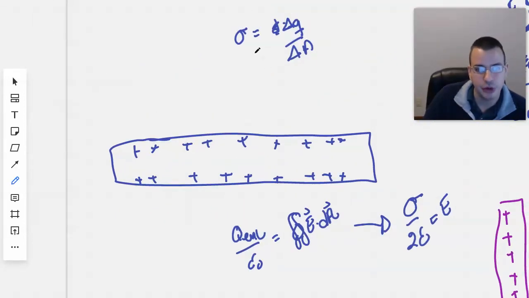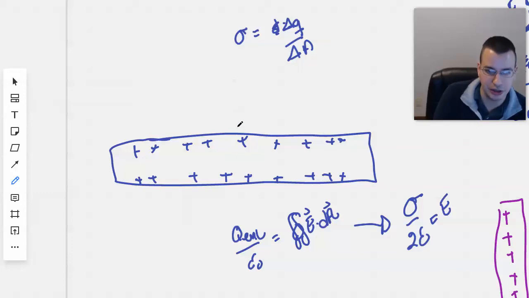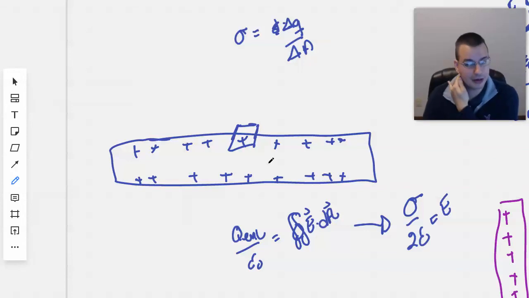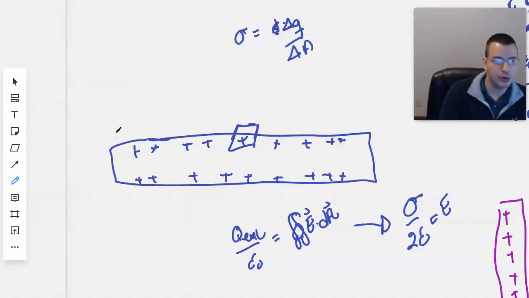but when they give you a surface charge density, they're probably talking about the surface of the conductor, and you have to read the question to be careful. What you really have here is two surfaces with charge on them, this surface and that surface.